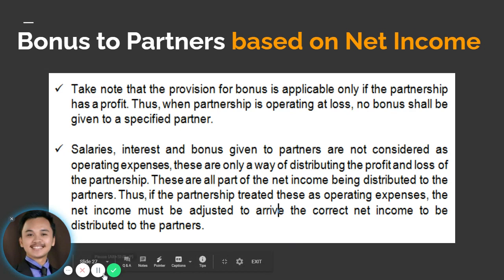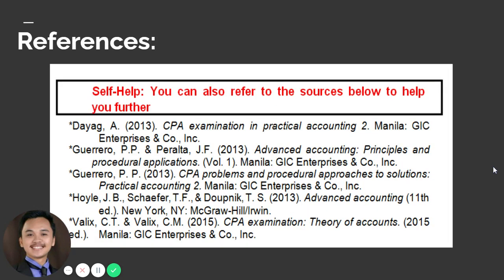From our discussion earlier, we have discussed different methods on how we are going to distribute net income or net loss to the partners, as well as accounting for possible allowances to be given to the partners, particularly salaries, interest, and bonus.